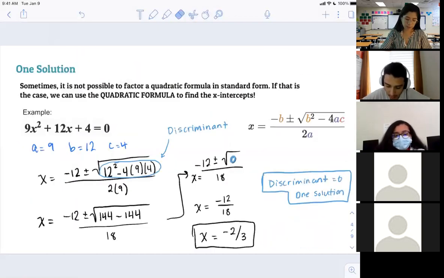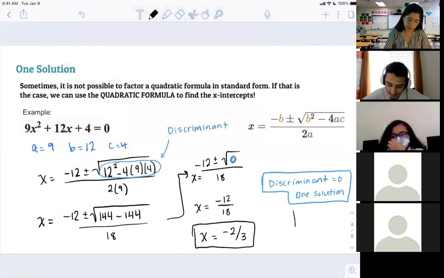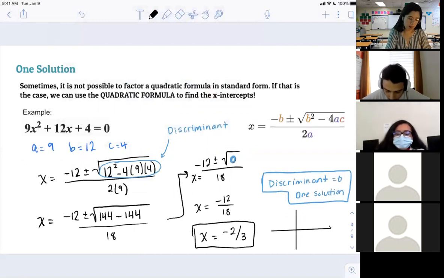On the other hand, for example, here, we got one solution. What does it mean about this graph if it has one solution? It only has one x-intercept. Can we try and be a little more specific about that? It only touches the x-axis once.